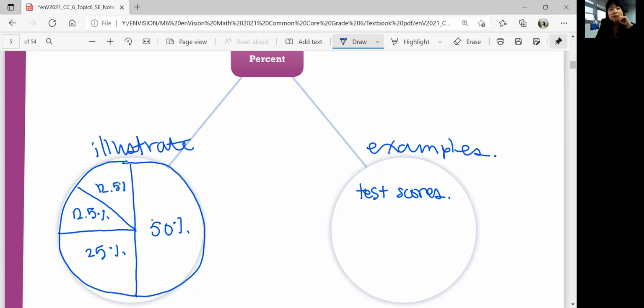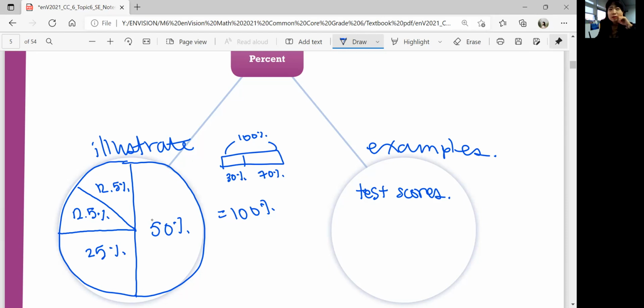And so on, right? But altogether, they should add up to 100%, okay? Or you can illustrate using bar graphs where you say, oh, this is 100%, and that's about 30%. And then, yeah, and that's 70%, and so on, okay?